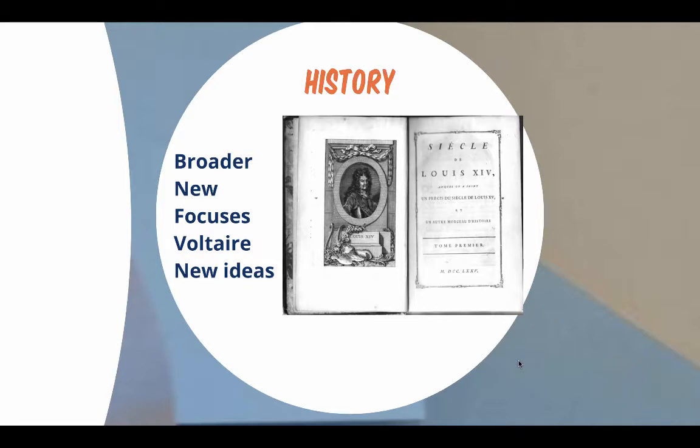He wrote a history book known as The Age of Louis XIV, and in here he said, "It is not merely the life of Louis XIV that we propose to write. We have a wider aim in view. We shall endeavor to depict for posterity not the actions of a single man, but the spirit of men in the most enlightened age the world has ever seen."